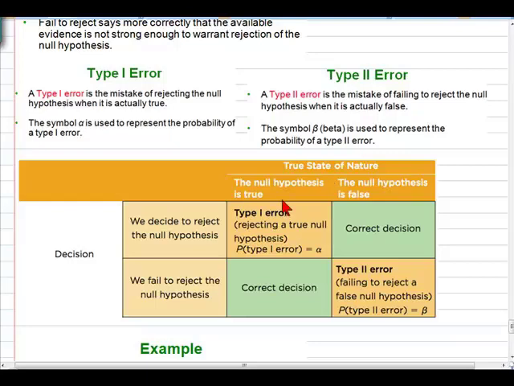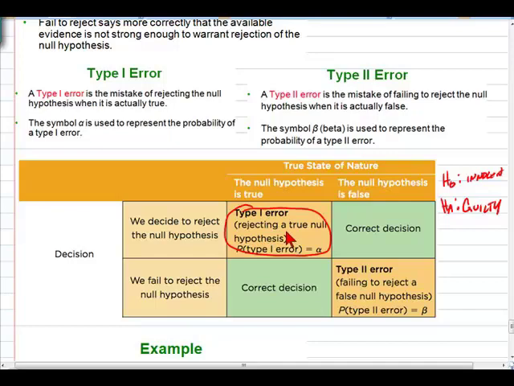Using the court trial again, let's say that the null hypothesis is that you're innocent. The alternative would be that you're guilty. We make a type 1 error if the null hypothesis is true, yet our decision is that we reject the null hypothesis. Where these columns come together, we see we have a type 1 error, that's alpha.